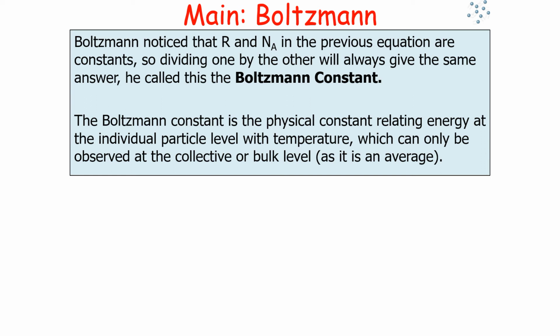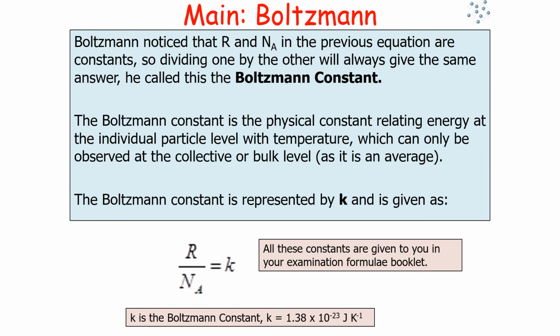The Boltzmann constant is the physical constant relating energy at the individual particle level with temperature, but it's important to note we can only ever work this out at a collective or bulk level because it's a statistical value, an average value. We represent the Boltzmann constant with the symbol K, and we can work it out by saying K, the Boltzmann constant, is equal to R, the molar gas constant, over Na, Avogadro's constant.